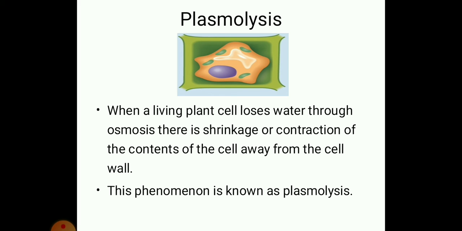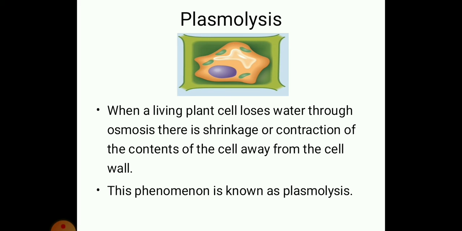As you can see in the picture, when the cell is placed in hypotonic solution, it will result in gain of water. But in case of hypertonic solution, it will lose water and will shrink. Due to the presence of cell wall, the plant cell will not rupture easily.